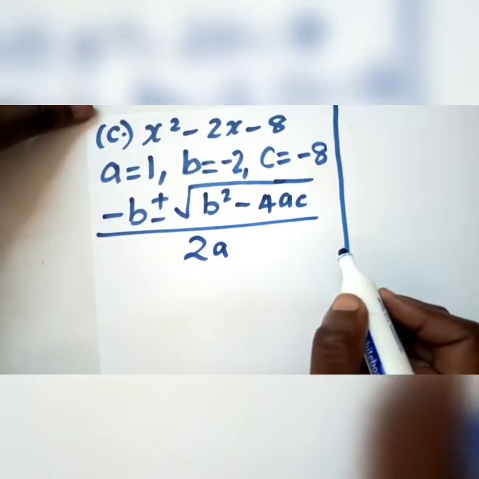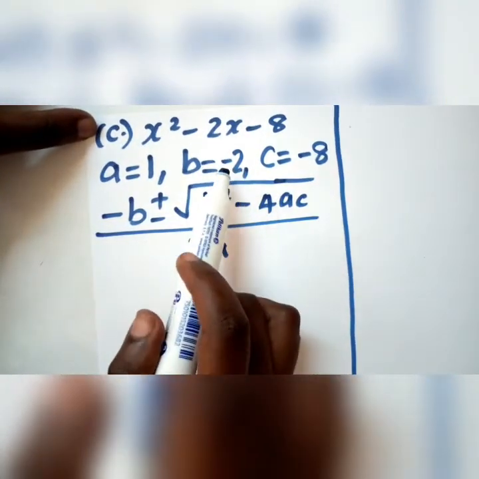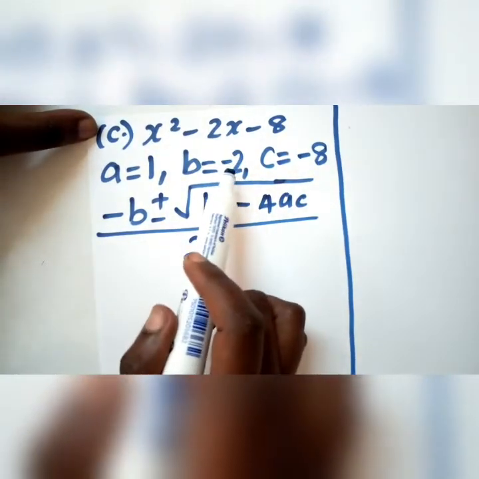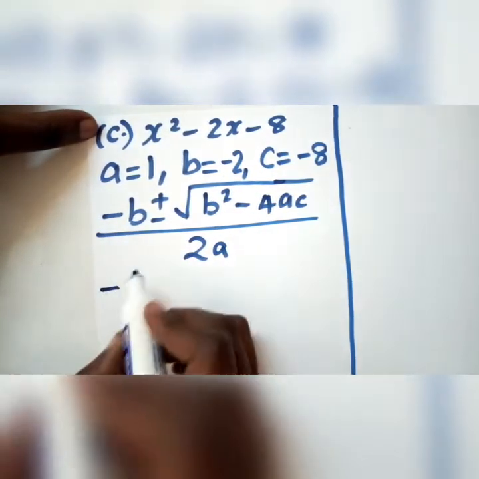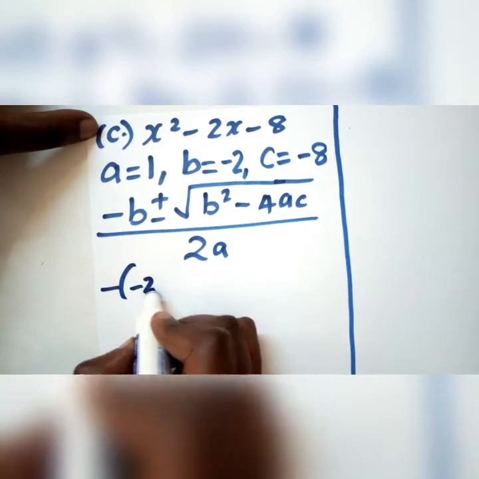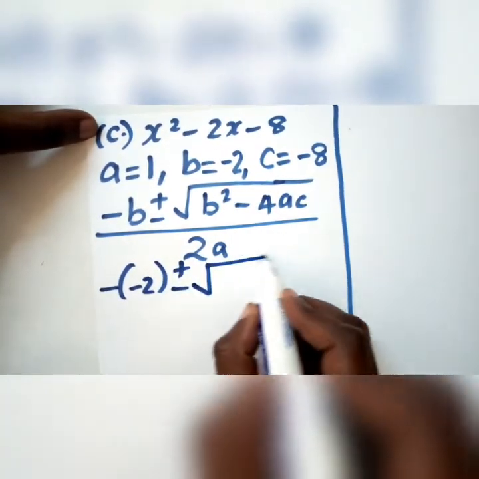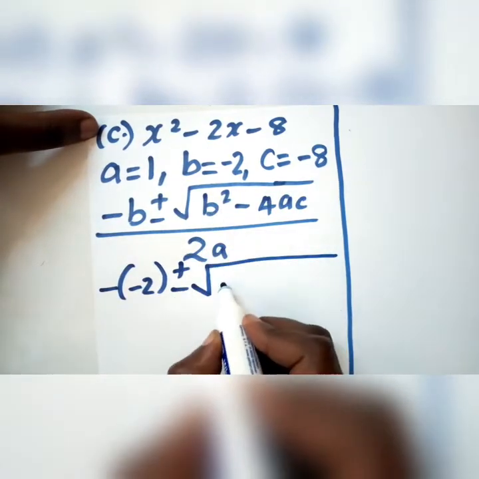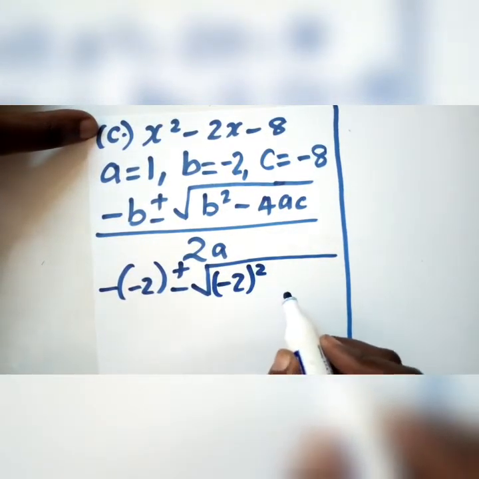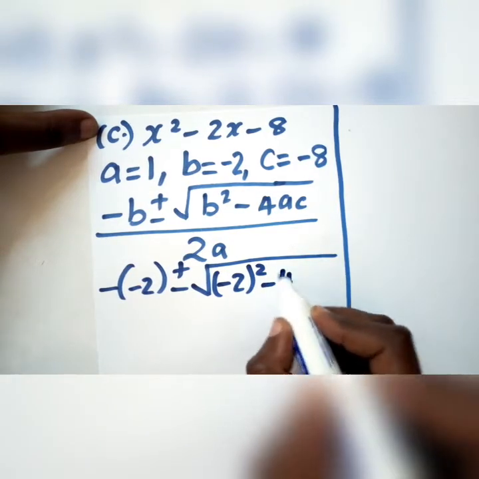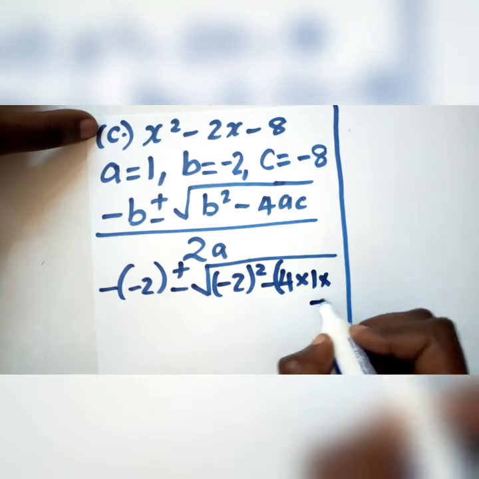So now it's time to substitute our values. Okay, you notice here we have our b is minus 2 and we have another minus. So we'll just start with this minus and then I'll put the minus 2 that I have, plus minus b squared is minus 2 squared, minus 4 times a, which is 1, times c, which is minus 8.